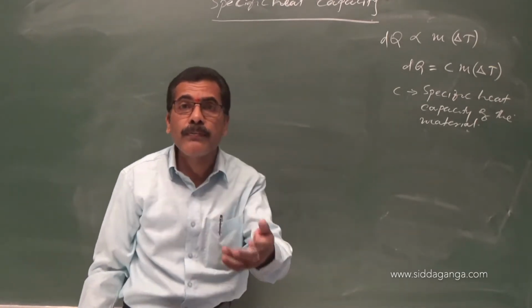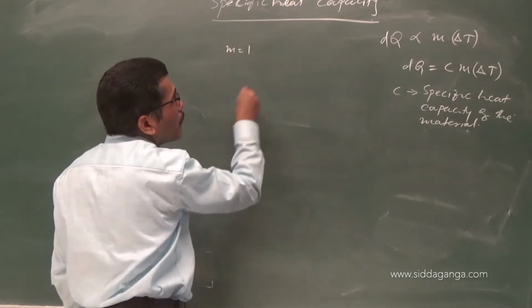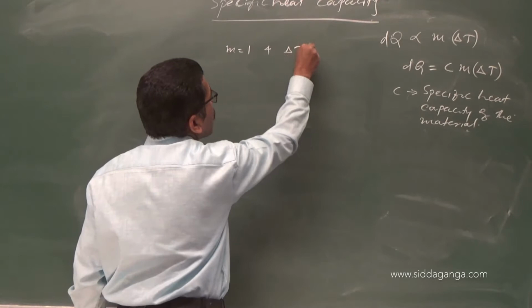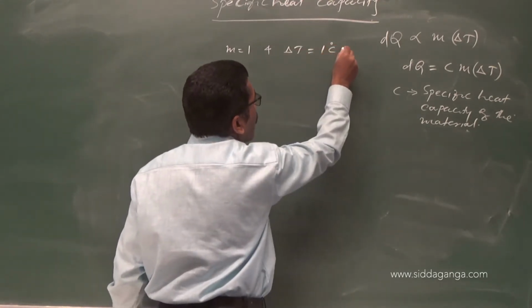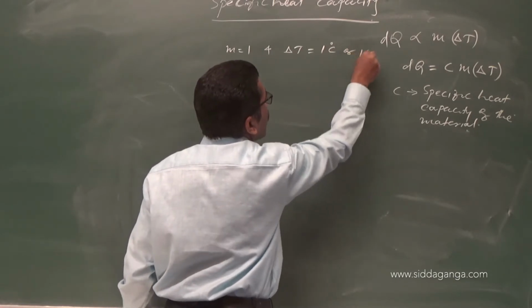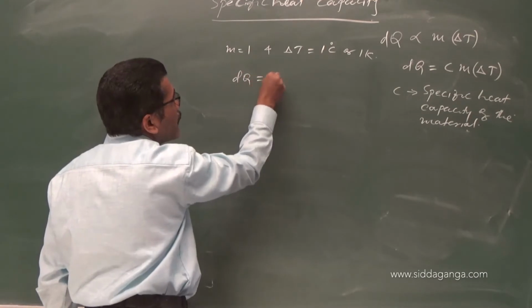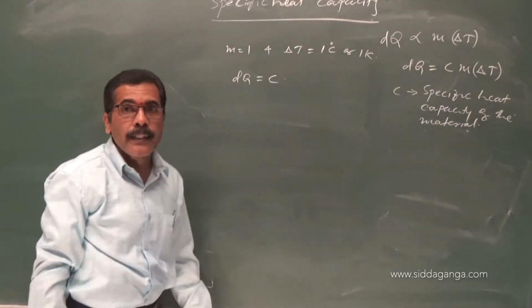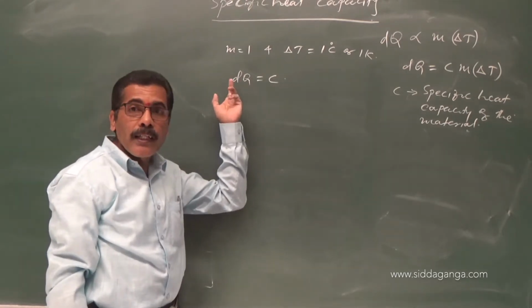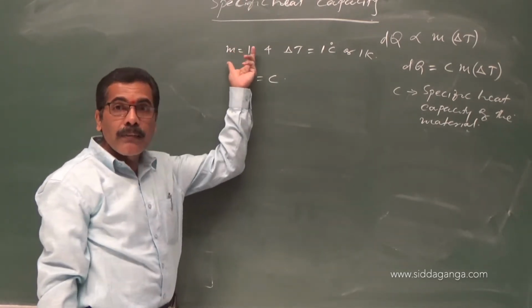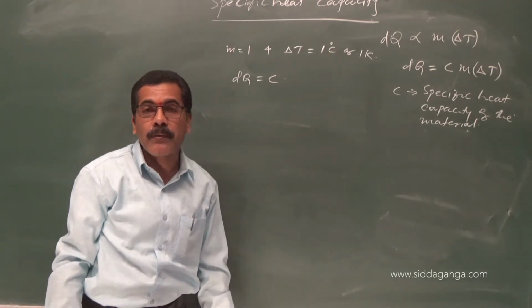Then how can we define C? Suppose m is equal to 1 and delta T becomes equal to 1 degree Celsius or 1 Kelvin. In such a case, dQ becomes equal to C. Hence, specific heat capacity of a body is the amount of heat required to raise unit mass of the substance through unit rise in temperature.